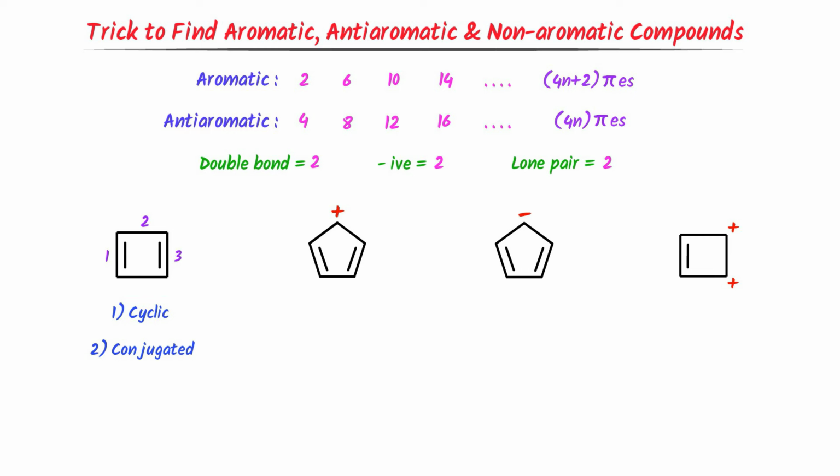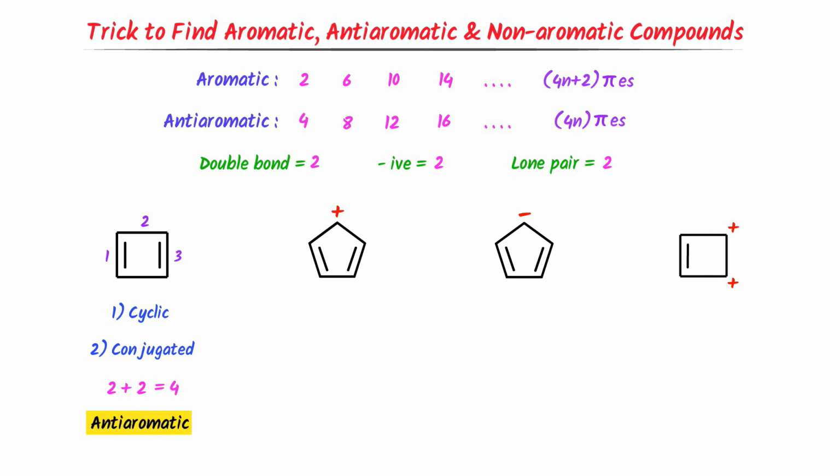We already know that for each double bond, I have to write 2 electrons. So I write 2 electrons plus 2 electrons, which is equal to 4 electrons. We know that if an organic compound contains 4 electrons, it is anti-aromatic. So this organic compound is anti-aromatic.